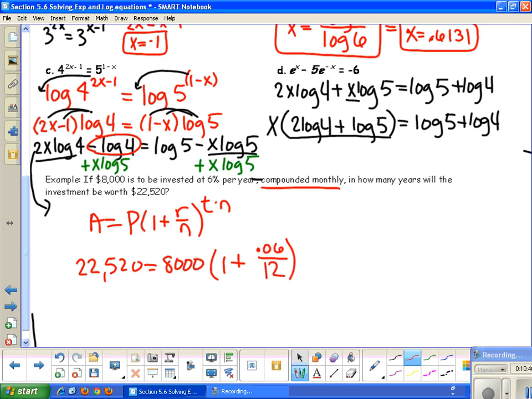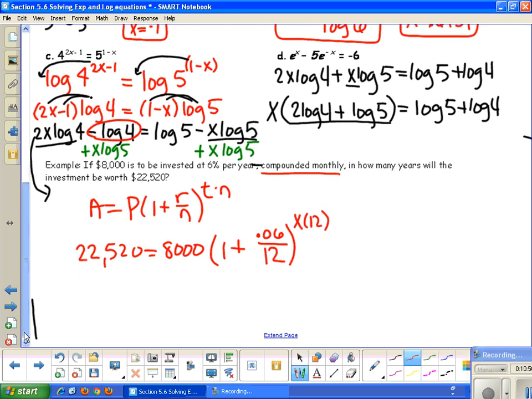And we're trying to figure out the number of years, so x times 12, or 12x. Now before, when we solved these, we plugged them into our calculator and found the intersection. Now that we've been solving logarithmic equations, we can go ahead and solve this using the methods that we learned. So that means I'm going to want to go ahead and simplify this.